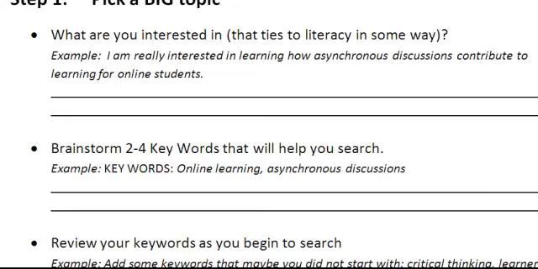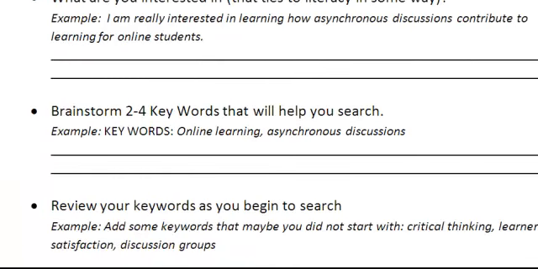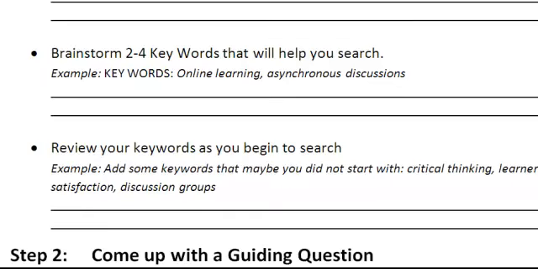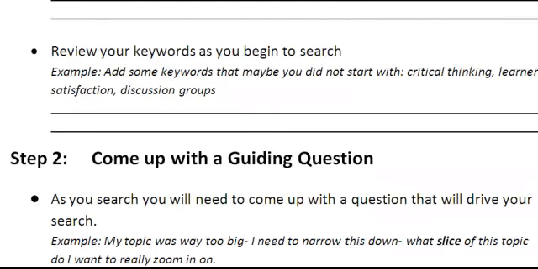I said, how do asynchronous discussions contribute to learning for online students? But that's a really, really big topic. So what I want to do is come up with a guiding question. The way I come up with a guiding question is I look at a couple of the articles and think, what slice of this can I zoom in on? So that is what I have done next.